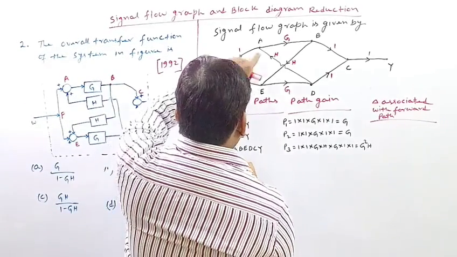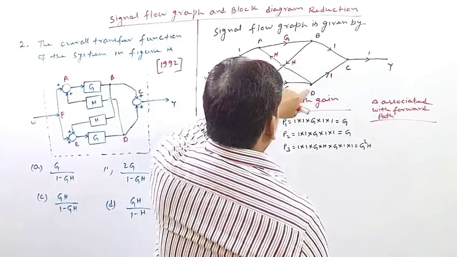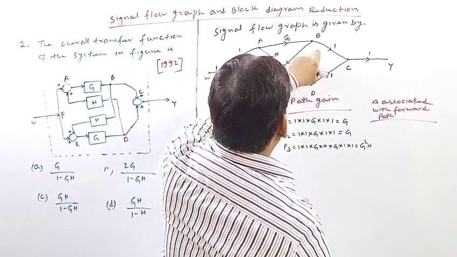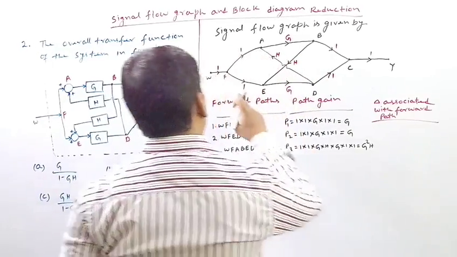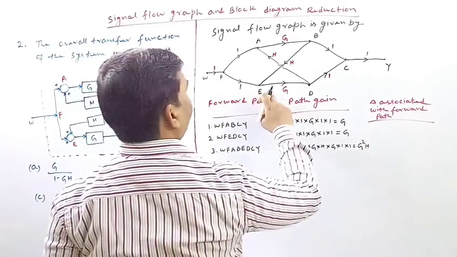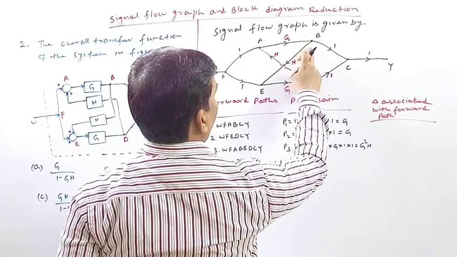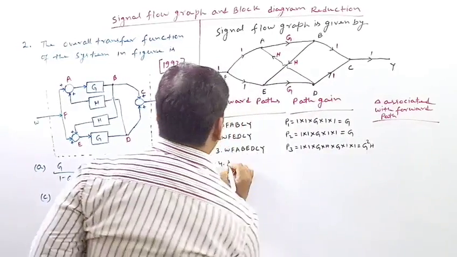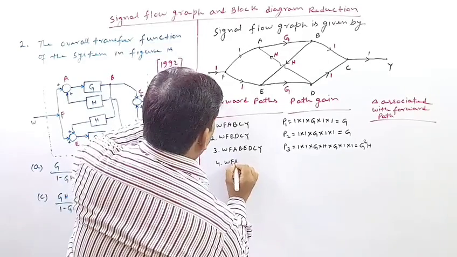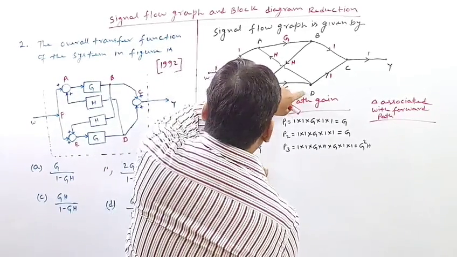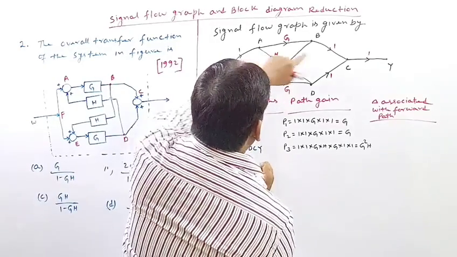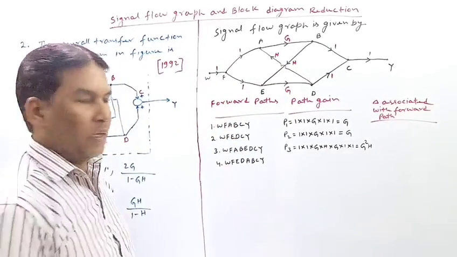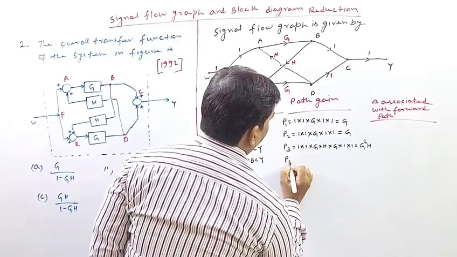WFEDABCY. This is the fourth forward path, and let us denote its path gain as P4.